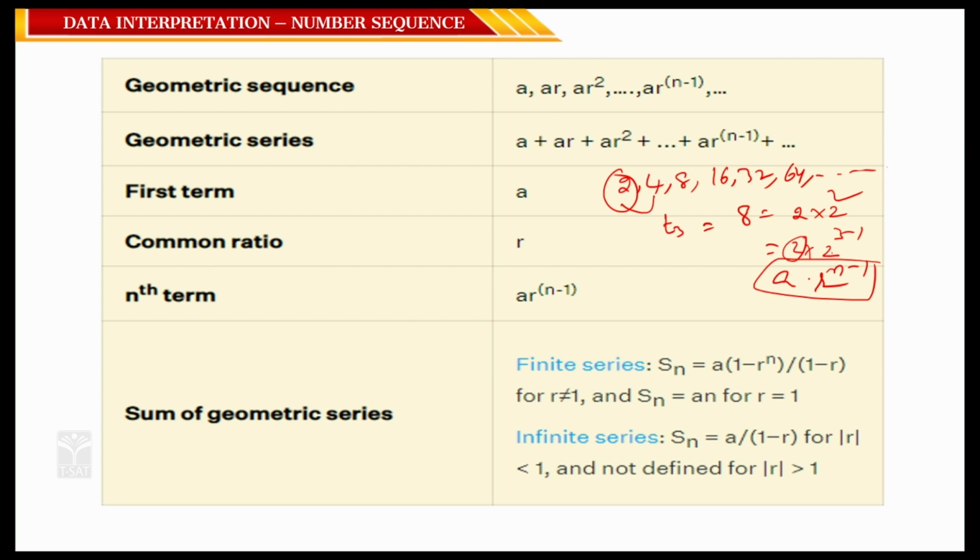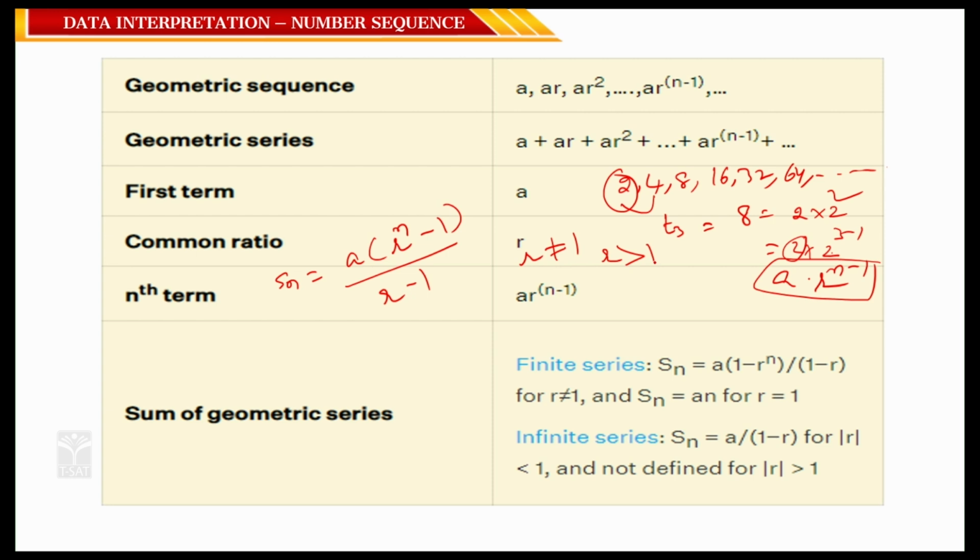Okay. But here there are two kinds of series in the geometric series, maybe finite, maybe infinite. Okay. So, if the R value is more than 1, then the sum of n terms Sn is equal to A of R to the power of n minus 1 by R minus 1. The condition is R is not equal to 1 and R is greater than 1.